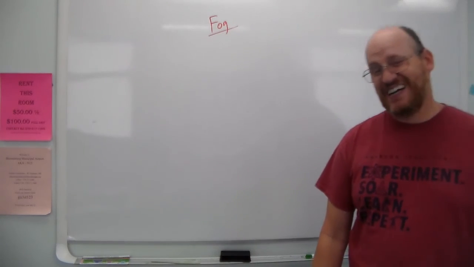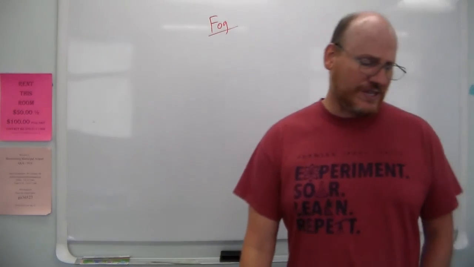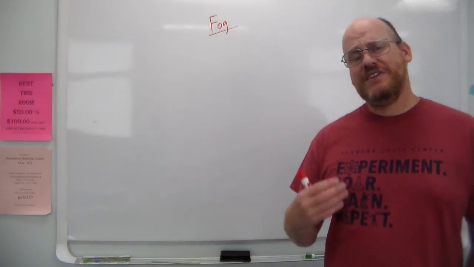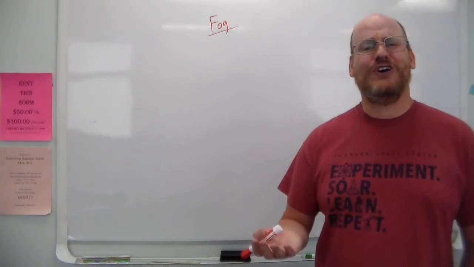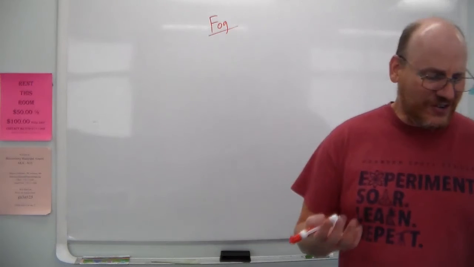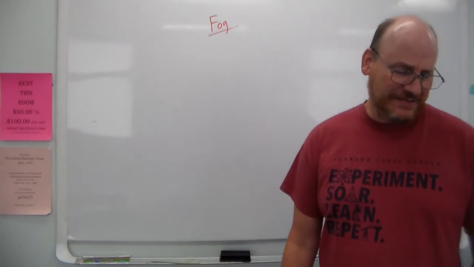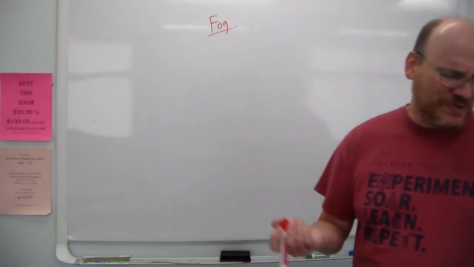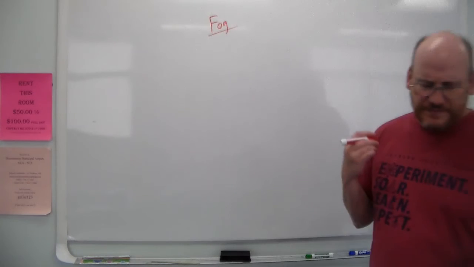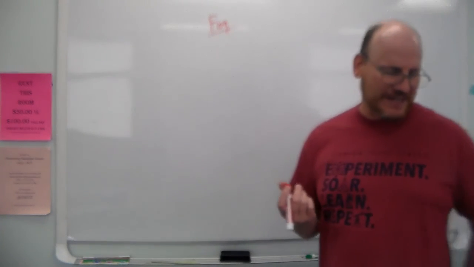Now he talks about different kinds of fog, but honestly, I've never thought that you really needed to know the different kinds of fog. What are they called? It's just fog. Right? If you know how it's formed, I think that's good enough. Now, maybe the FAA will disagree. When you take your knowledge test, you should probably know what these different kinds of fog are. I would review it right before I took my test.